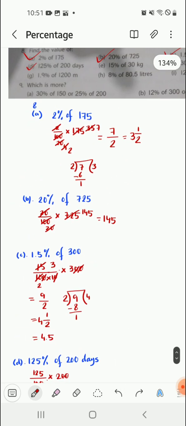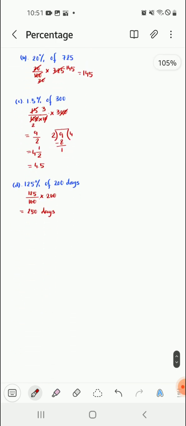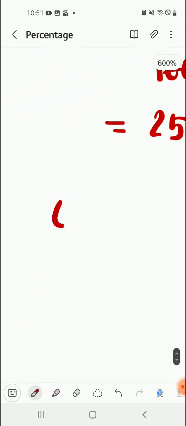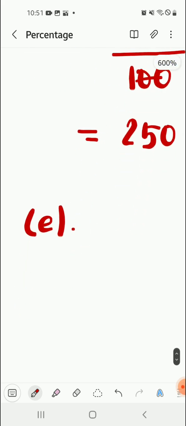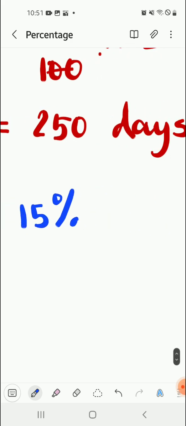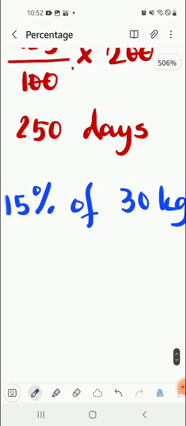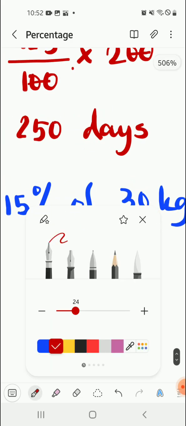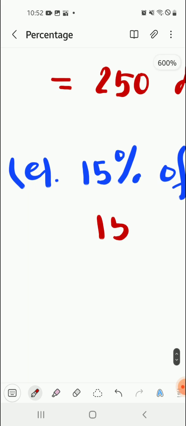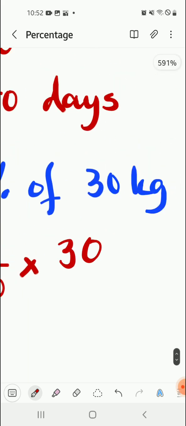Moving on, number E, 15% of 30 kg. Once again, write it in mathematical form. 15% is written as 15 by 100, of is into, and 30 kgs.